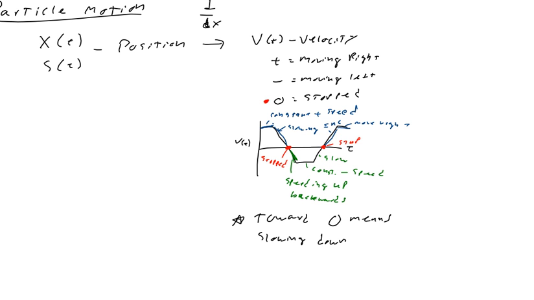If you're going closer to zero, your speed is decreasing. I'm slowing down here, and I'm slowing down over here. Slowing down to stop. If I'm going away from zero, I am speeding up. I'm gaining speed. And if I'm flat, I have no speed gain. I'm just at a constant velocity. Okay?